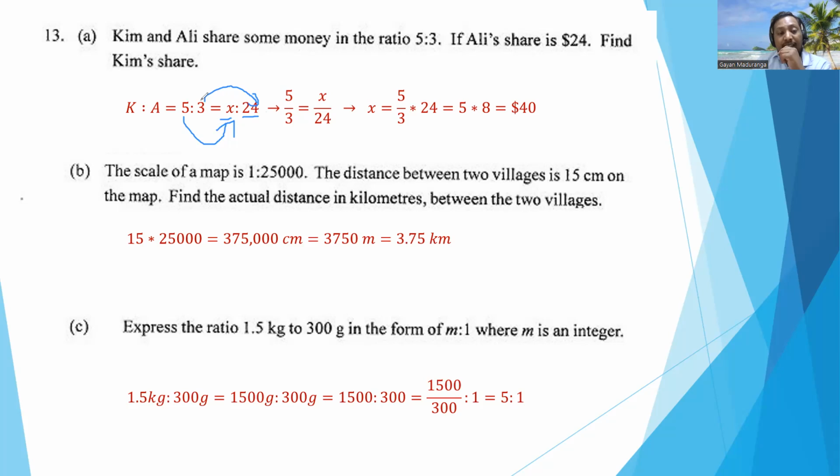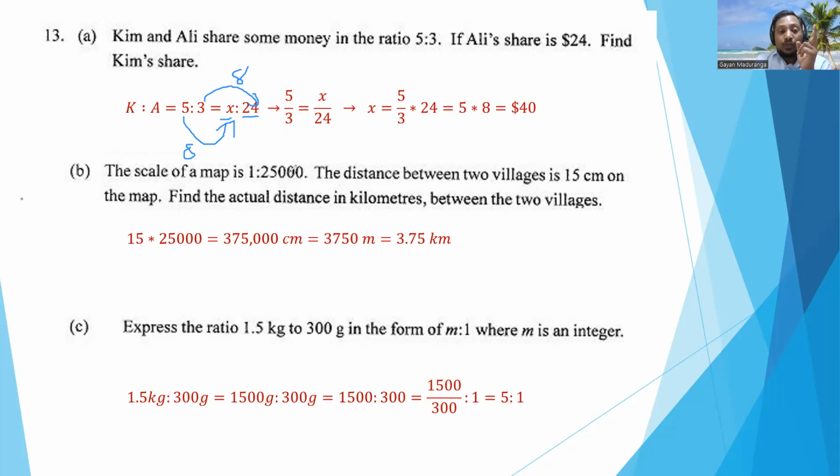So you can see 3 times 8 is 24 and 5 times 8 is the answer, which is 40. And you can do it by converting the ratios into fractions, right? Both sides you convert into fractions and then equate them, cross multiply, and you get the answer.